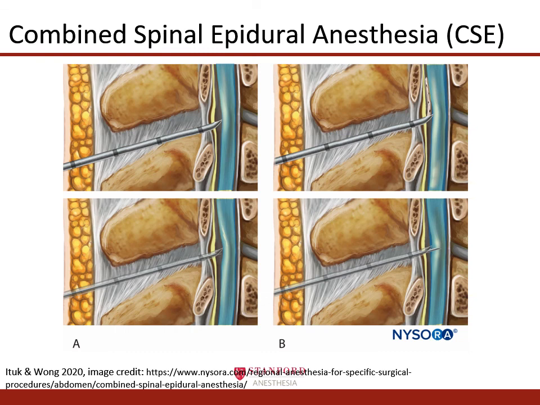The benefit for this is that it allows the surgical procedure to start sooner because of the rapid anesthetic block of the spinal, and the epidural catheter can provide postoperative pain control, along with the possibility of using a lower spinal dose while having the opportunity to administer more medication later on in the surgery if needed.